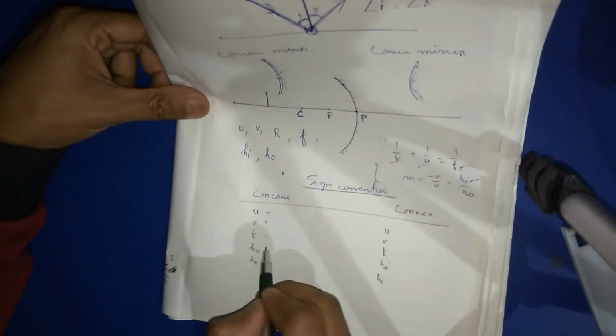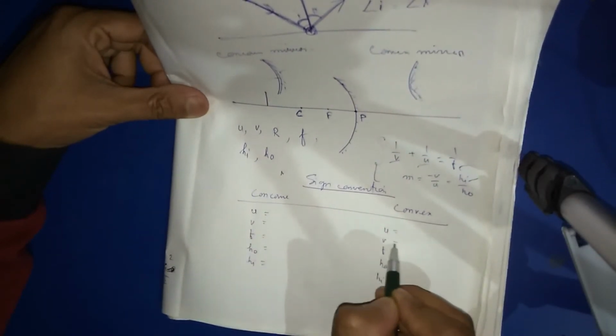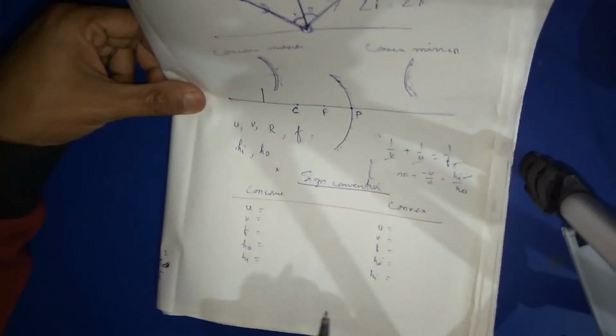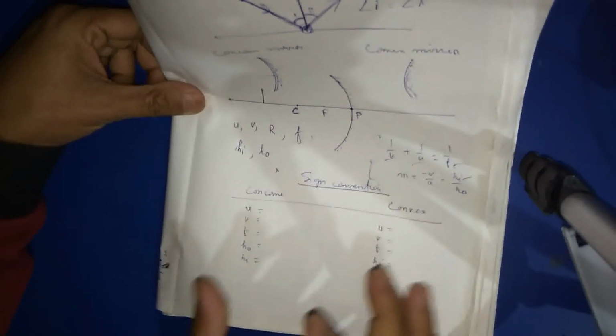Now what things will be consistent, what things will not change? Let us see. This will be useful in numerical problems. Suppose we want to know whether a particular value, maybe object distance or image distance, will be negative or positive, and the nature and all, we can come to know from this sign convention.